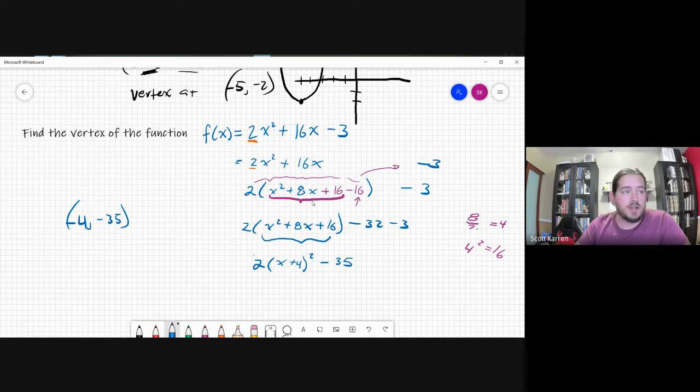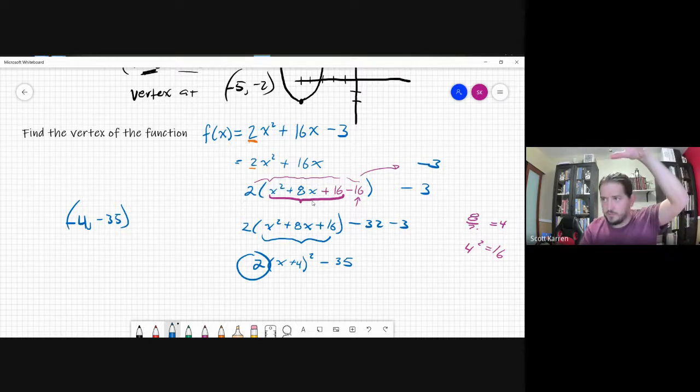There's a positive number in front, so it's a parabola that opens upward. There's a vertical stretch of 2, so find that vertex, stretch it by 2, and just throw an x squared there, and you've got it.